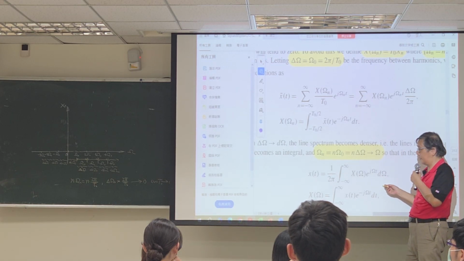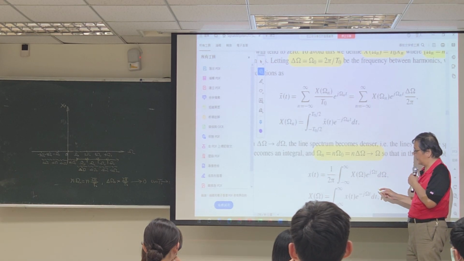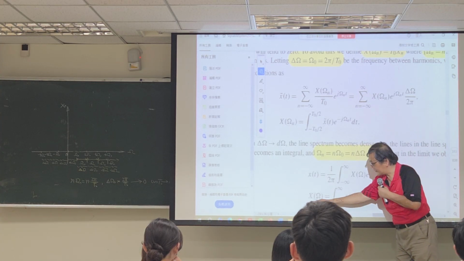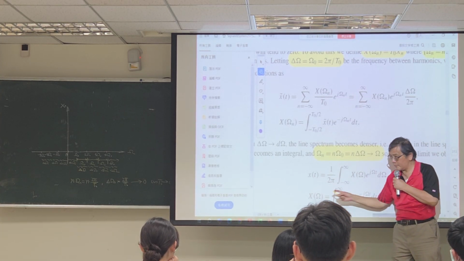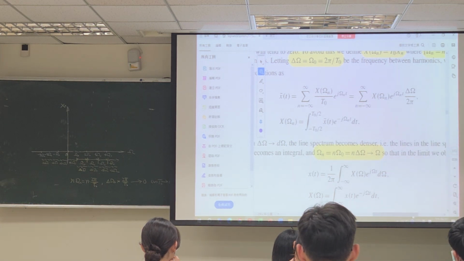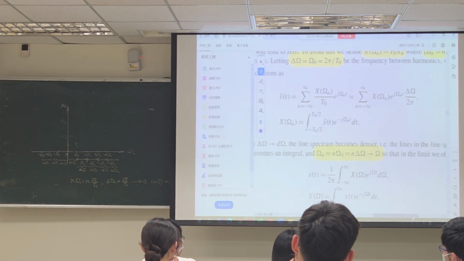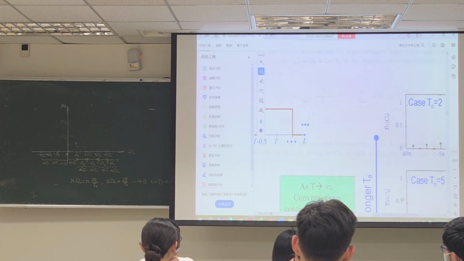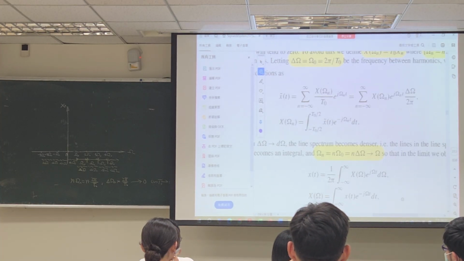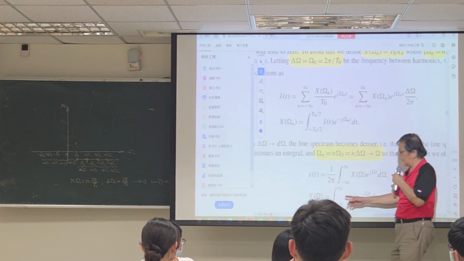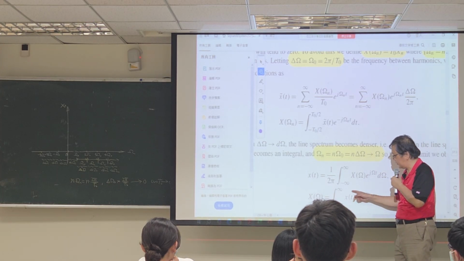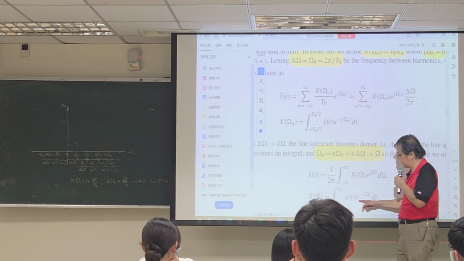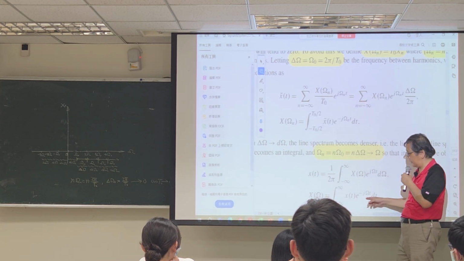Actually, this is a projection. And the coefficient, x of omega, is now a function of omega, a continuous function of the frequency, not discrete frequency anymore. This frequency component is given by the projection of the time function x of t on this complex exponential function.